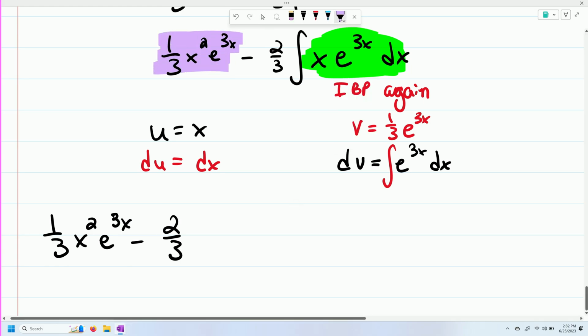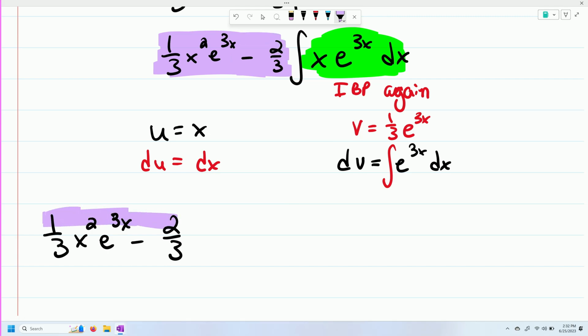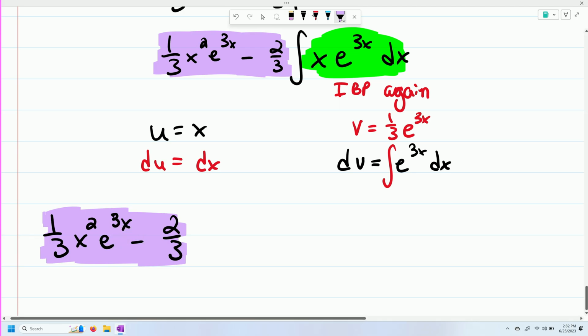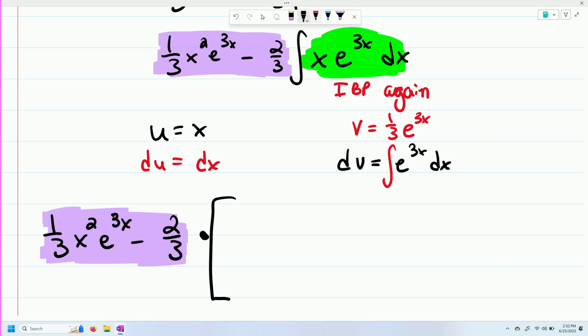So that's all this right here, times, and I'm going to exaggerate this a little bit, times... Now we need to do the integration by parts formula again, but for x e to the 3x dx.